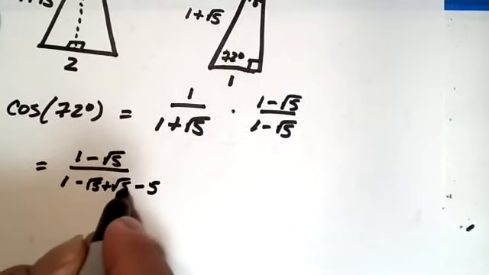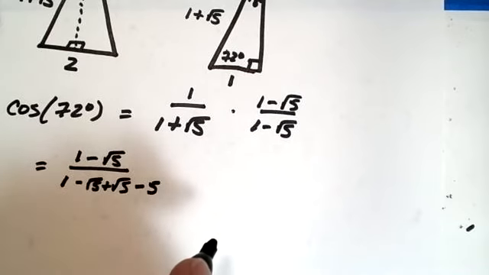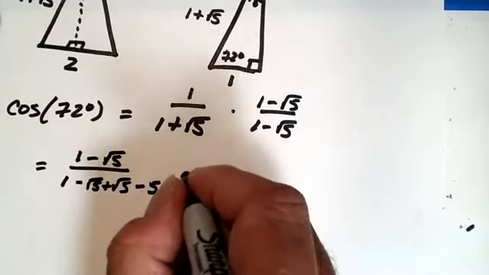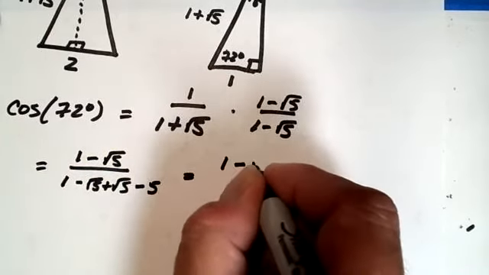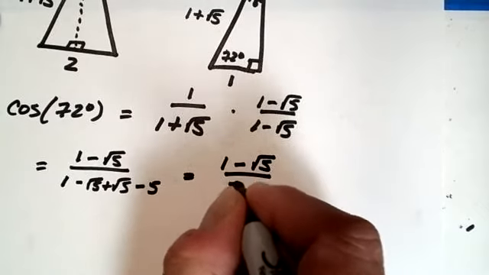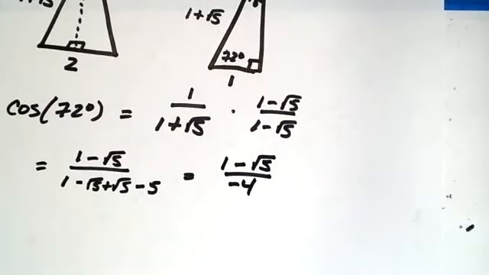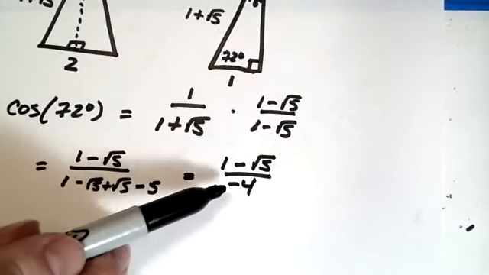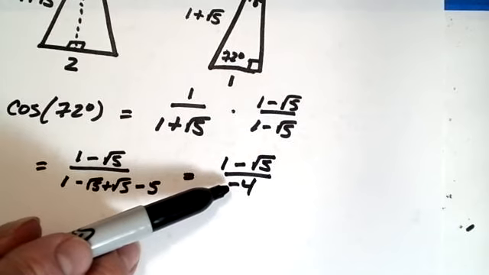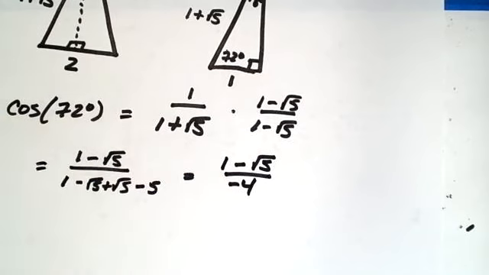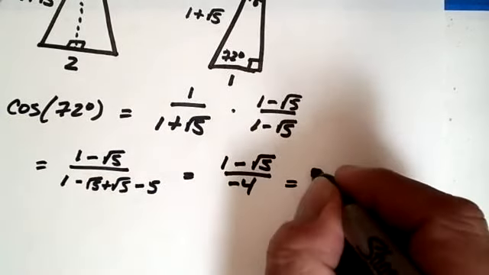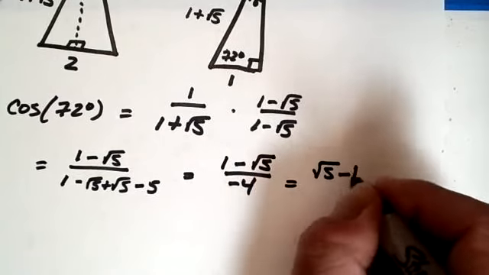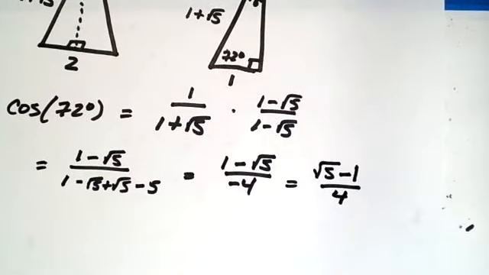This is why we did this: the cross terms, which have the radicals in them, are opposites of each other and cancel each other out. So this becomes 1 minus square root of 5 over negative 4. Generally speaking, we're going to get that negative sign out of the bottom just to make it look a little cleaner. This ends up being square root of 5 minus 1 over 4.